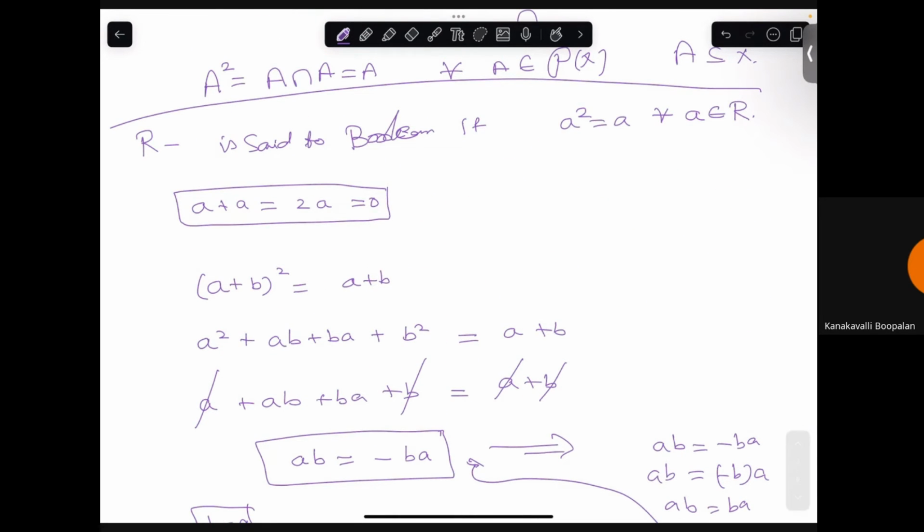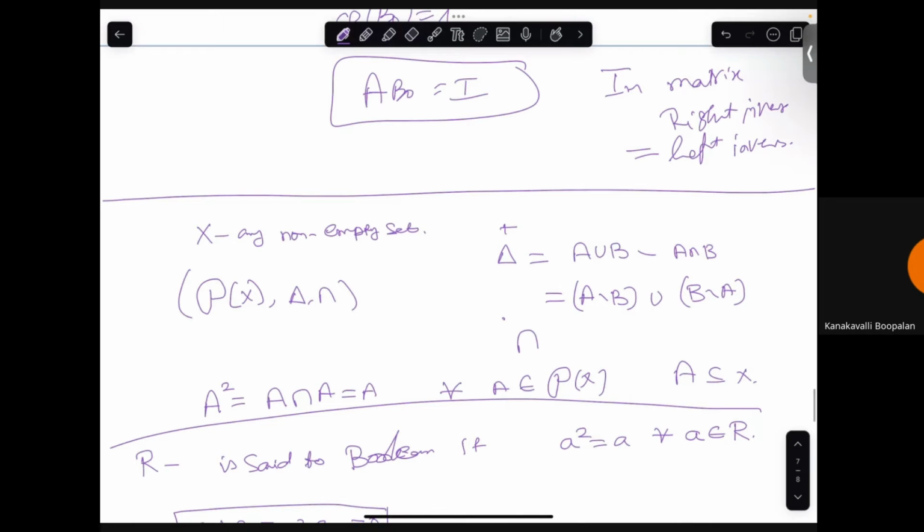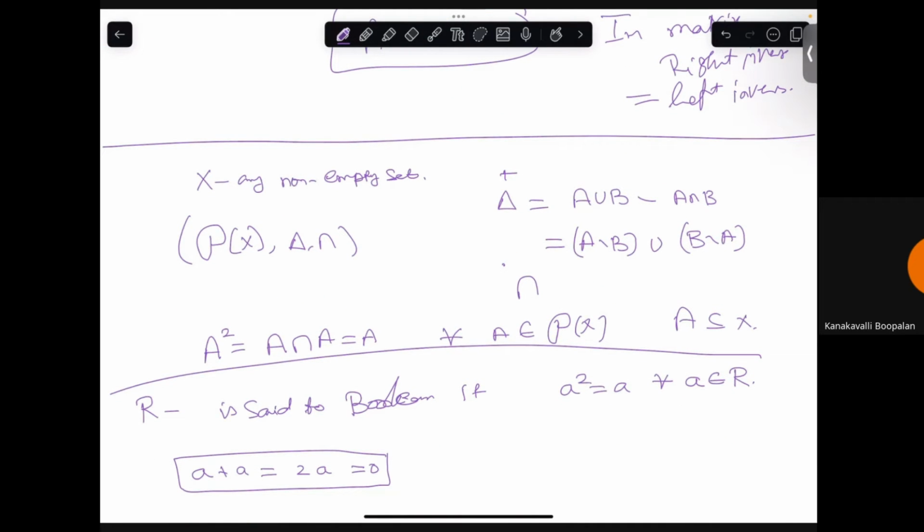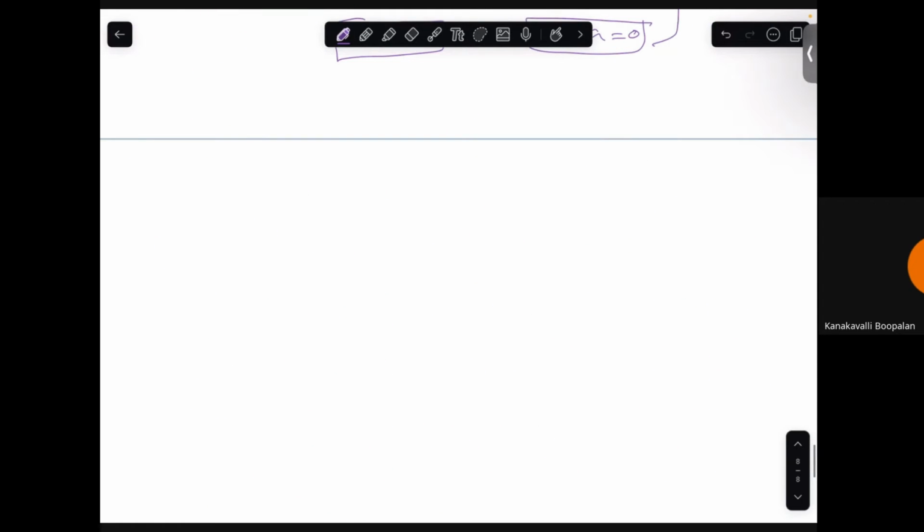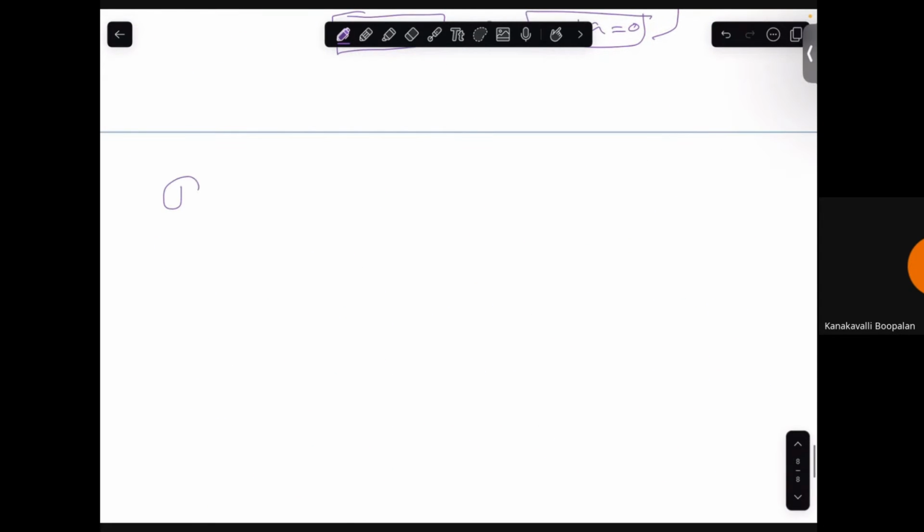This is the objective perspective. Whatever I am doing right now, it's an objective perspective. That means the elements are very nice, but the operations are not nice. The elements are nice, but the operation is not nice. What I'm trying now, look at this. For each A element, I'm going to attach xi A. What is xi A?